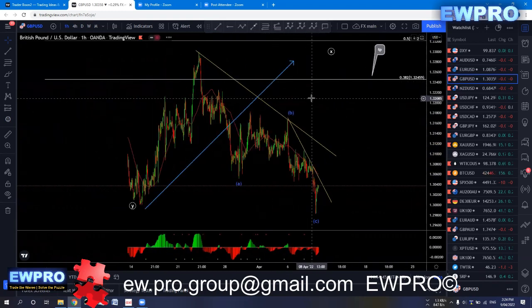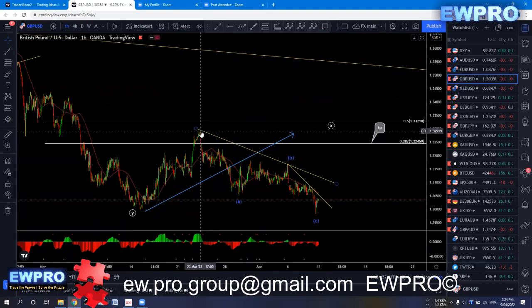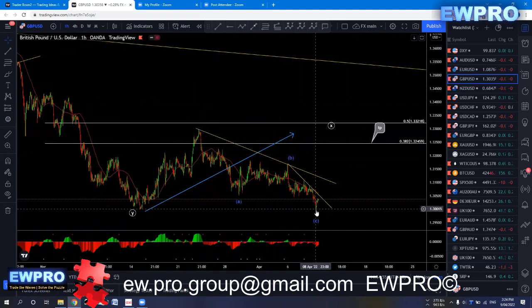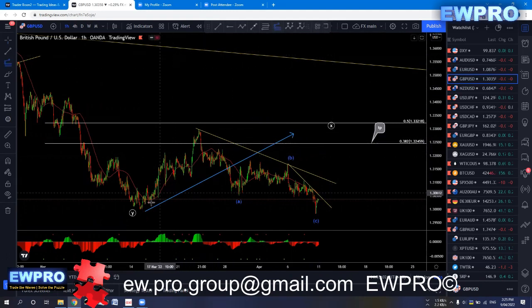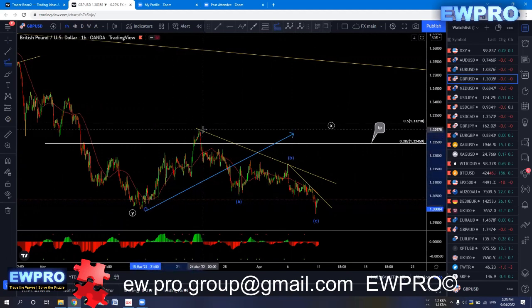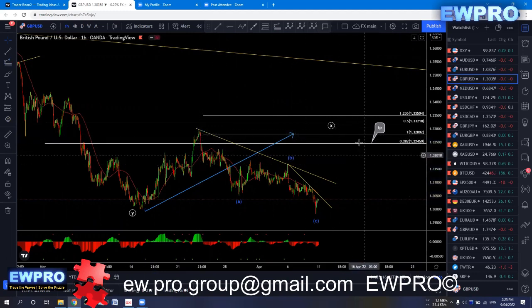I'd be targeting, we'd like to see this top here get broken over here, but it may not if it's a running flat, we may only get to this 38.2, or we can just simply draw our 100 fib. So the 100 fib is around the 132.80 area, so just below this top here. Ideally, we'd like to get to the 100 fib.